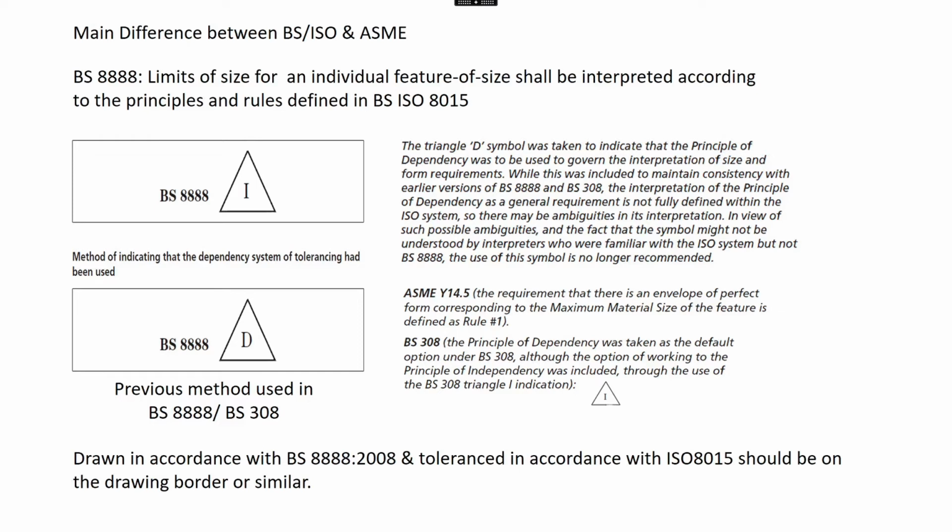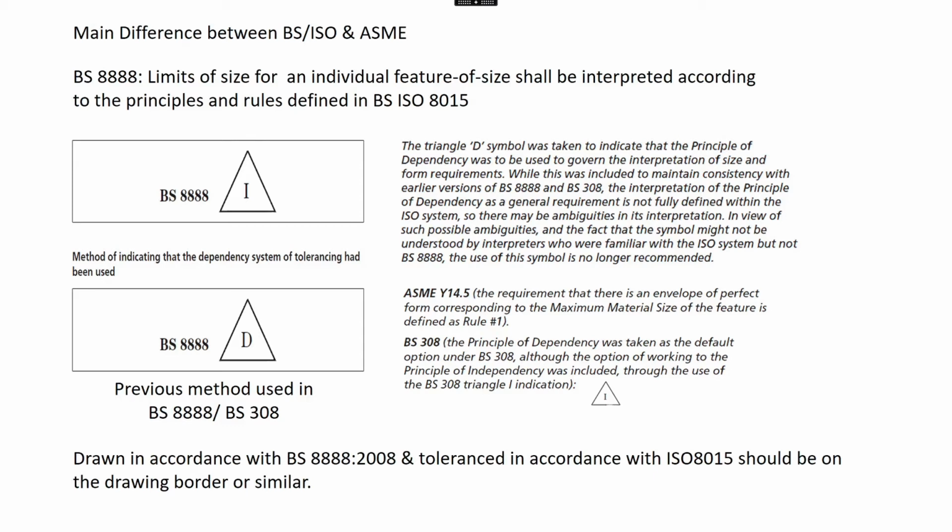Now my personal preference here. Obviously ASME uses the triangle with a D in it, so you don't see a lot of ASME drawings with roundness and cylindricity and things on them, because generally you don't need it. Where I work, we make a lot of one-off components. The problem is that I don't think the manufacturers really understand the main differences between these two systems.